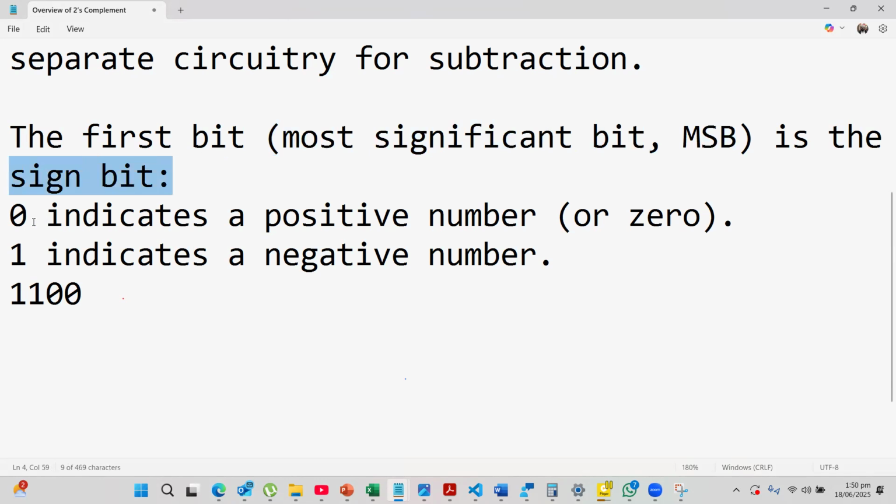It signals to the computer if the number is positive or negative. That is, if the number here is 0, then it means the number is positive. If the number is 1, then the number is negative.